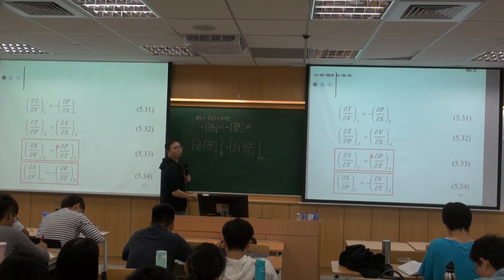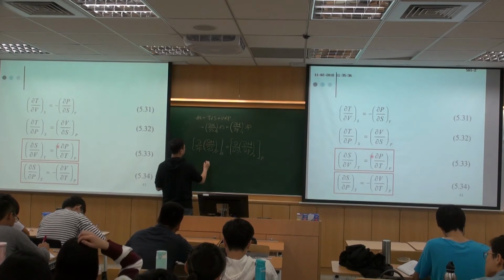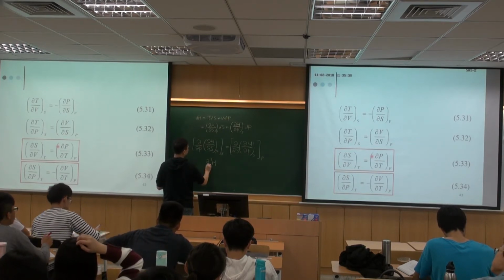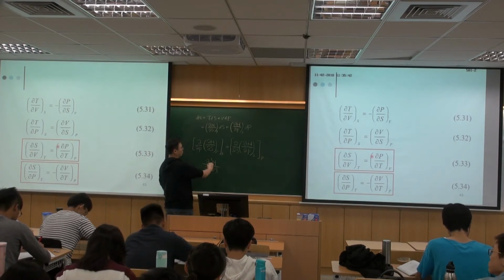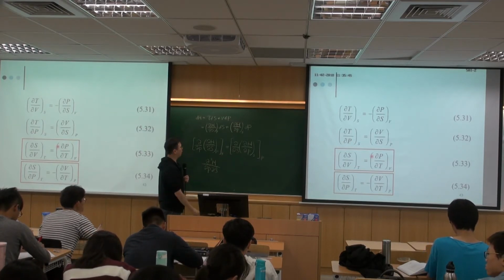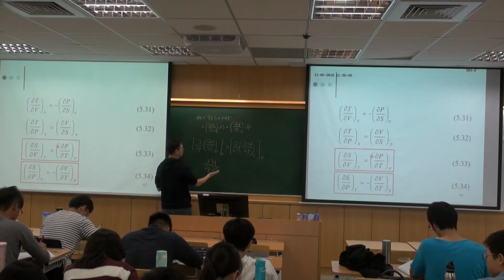These two will be the same. Because in the end, for the left-hand side and right-hand side, these two are the same, because dH is a perfect differential. So we can do this.